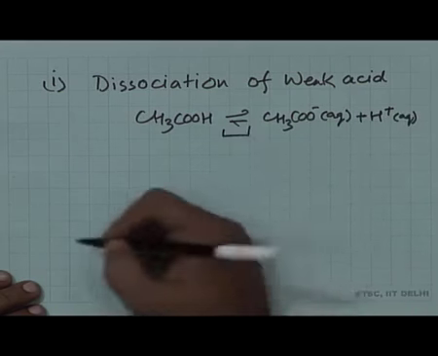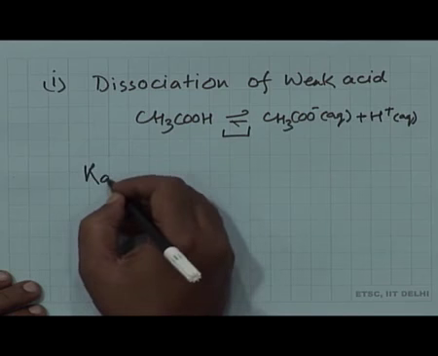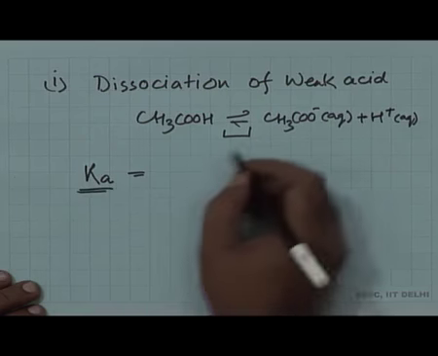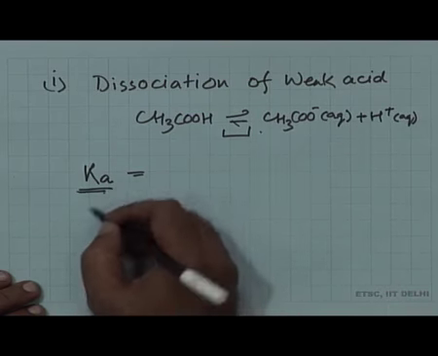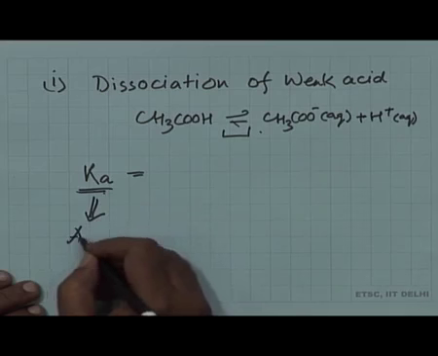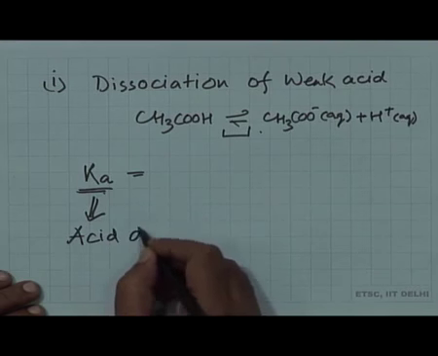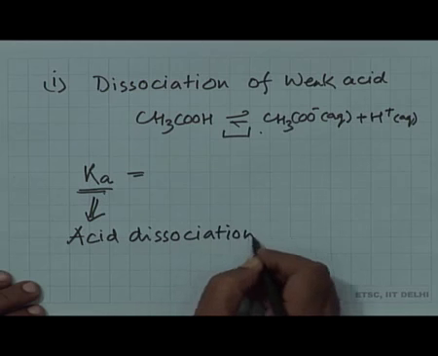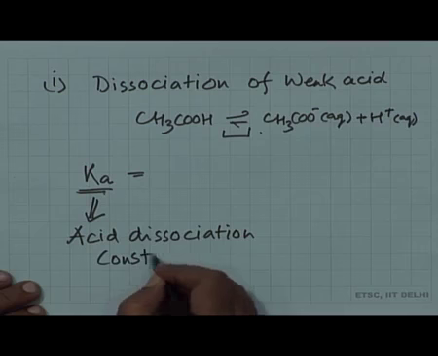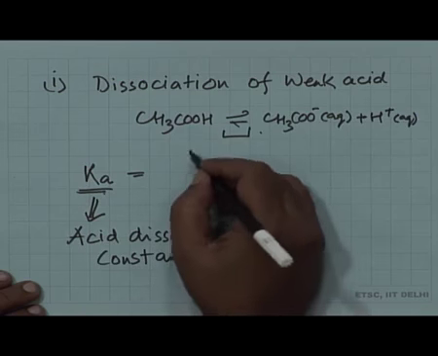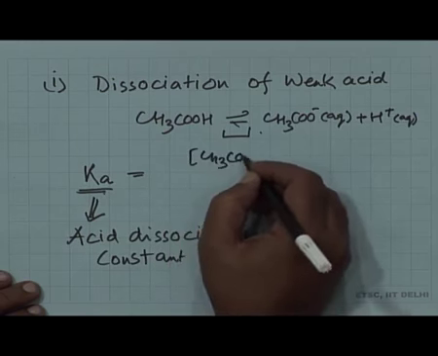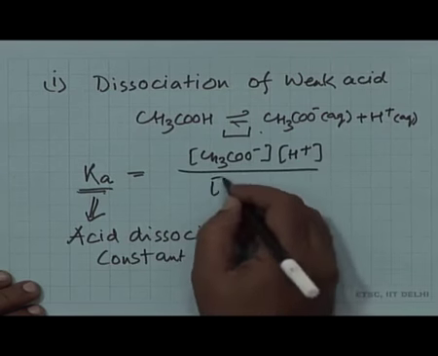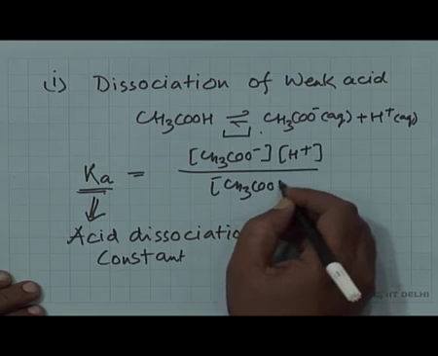So, this is your reversible reaction, and we can apply the equilibrium constant. Here we are writing the equilibrium constant for this reaction, which is known as the acid dissociation constant. And this will be equal to CH3COO minus into H plus by the concentration of acetic acid.